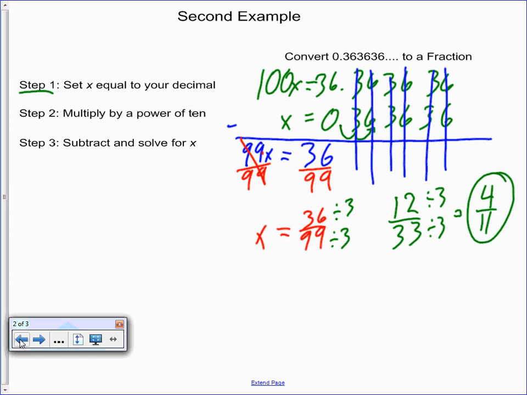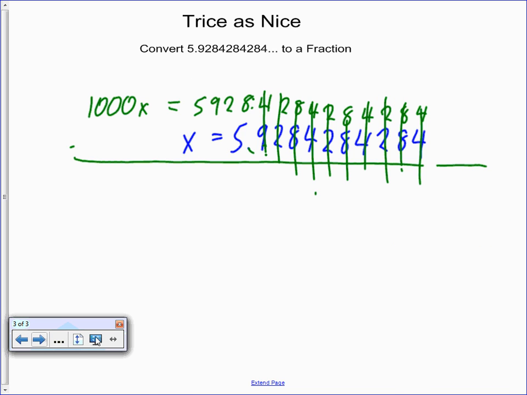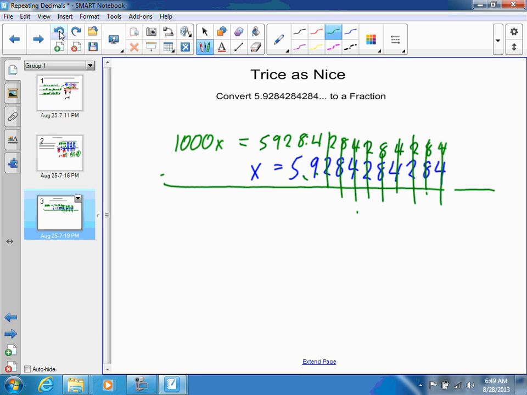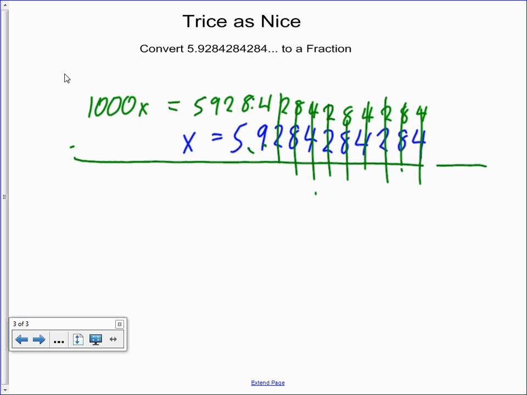I'll do that one. 4 minus 9, borrow. 14 minus 9 is 5. 7 minus 5 is 2. 2, 9, 5. This is where it's going to be interesting. I don't know if this is going to end up working. 1000x minus x is 999x.